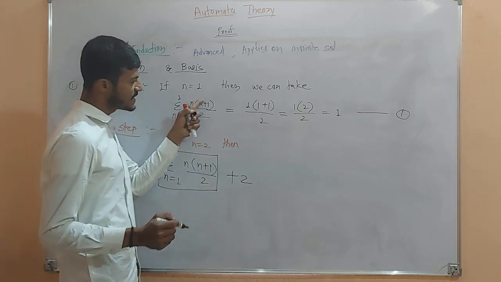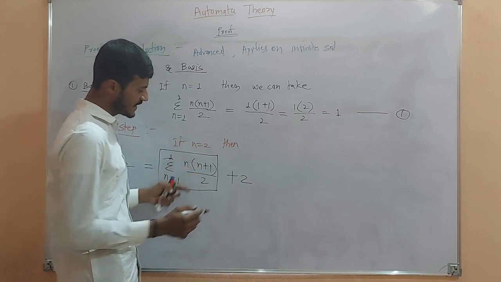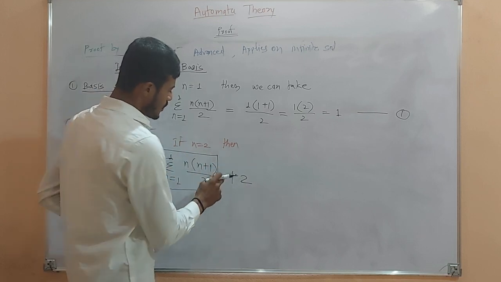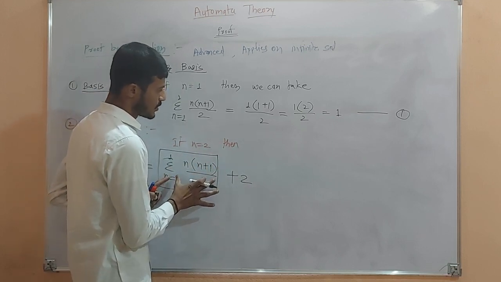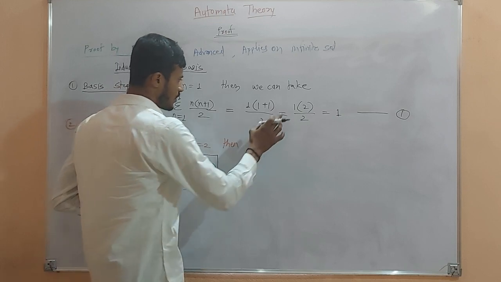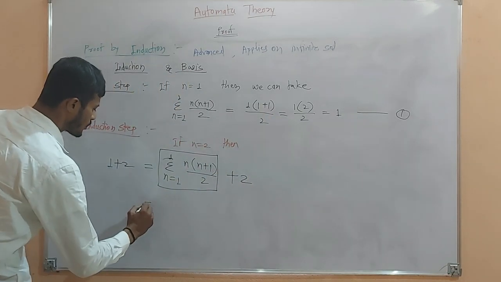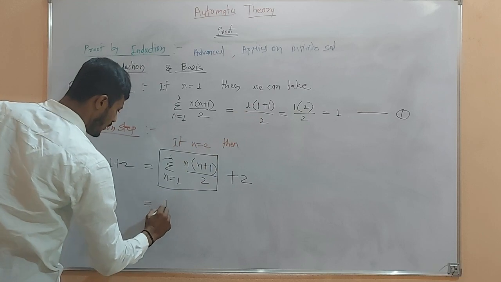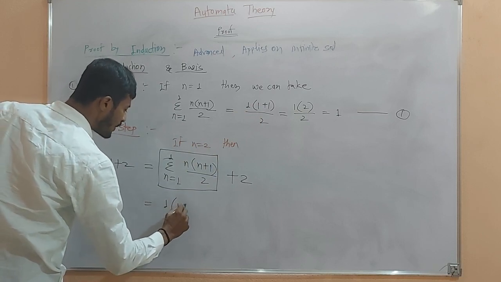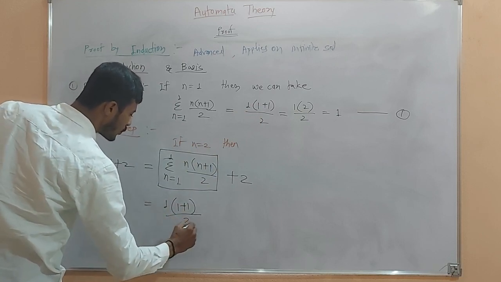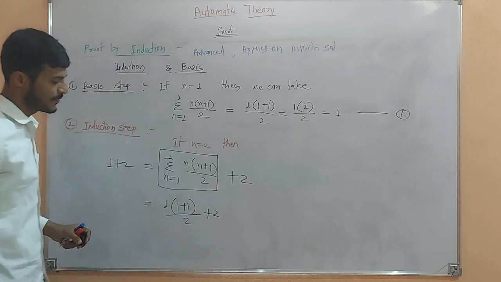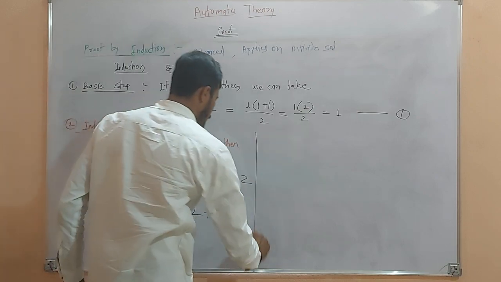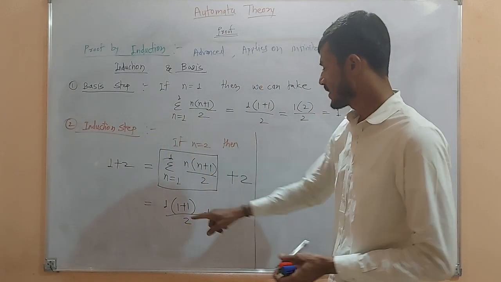I have taken the basis step as it is, plus 2. So what is the resultant for this? The resultant for this is 1(1+1)/2 plus 2. So simply what will be the operation over here?